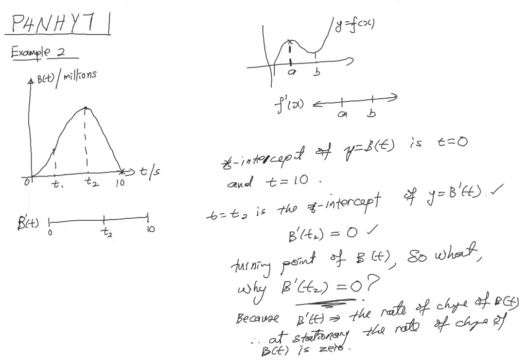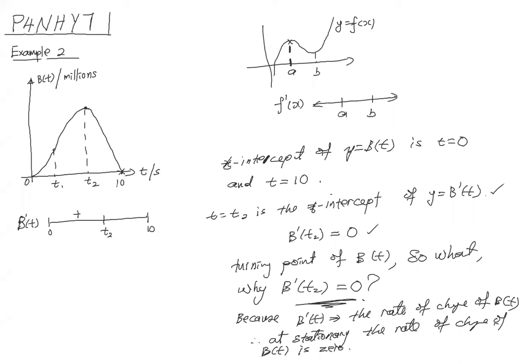Okay, Cindy, may I know what is the sign of B prime t between 0 and T2? The left-hand side, what is the sign? Based on the graph you look at, what is the sign? Positive. Thank you.